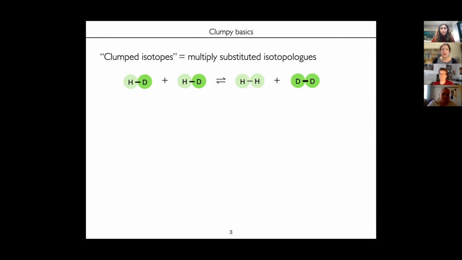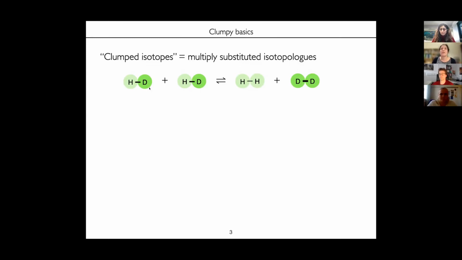You can easily see that in this very simple example of a hydrogen molecule that can have either hydrogen or deuterium isotopes. The normal version, the version that's most common, would be the molecule with the two light isotopes, the two hydrogens.